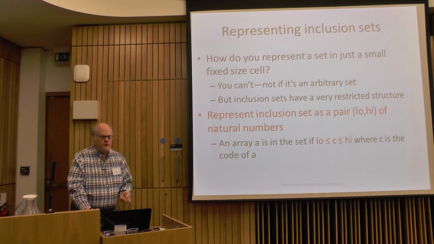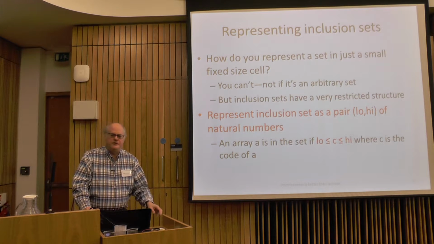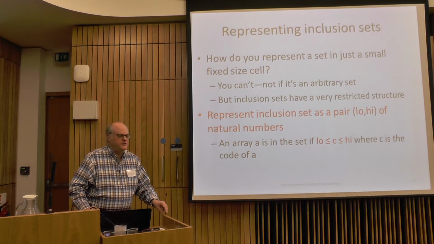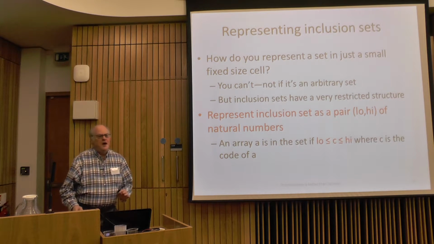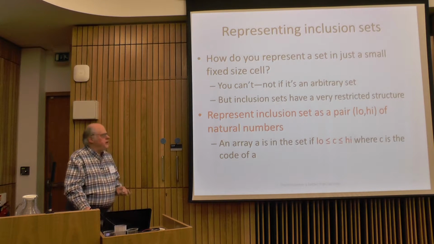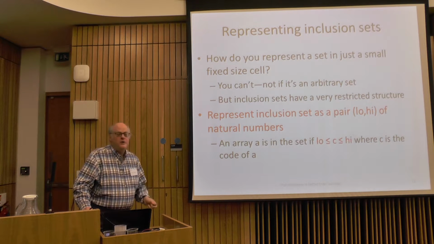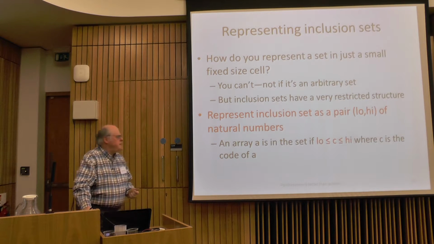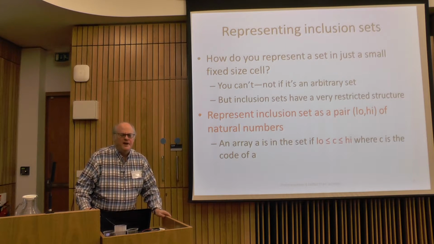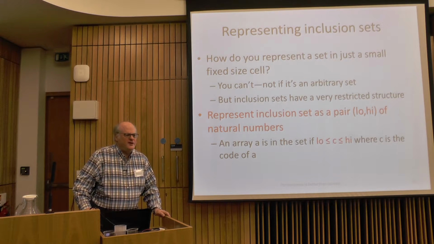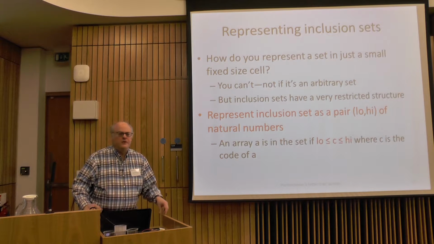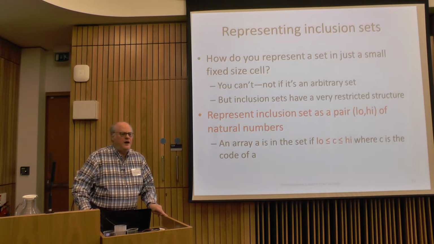They must have resulted from a sequence of update operations, and that enforces a number of invariants on the data structure. And it turns out we can just barely actually represent the inclusion sets using a pair of natural numbers. So I'll call them low and high. And the idea is that an array with a code like 50 belongs to the inclusion set of an element if low for that element is less than or equal to the array code less than or equal to high.